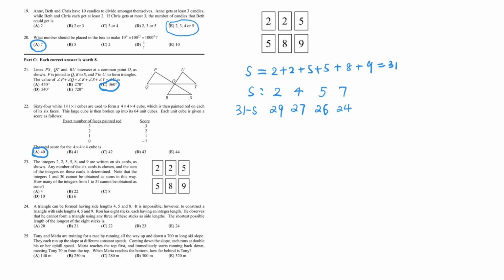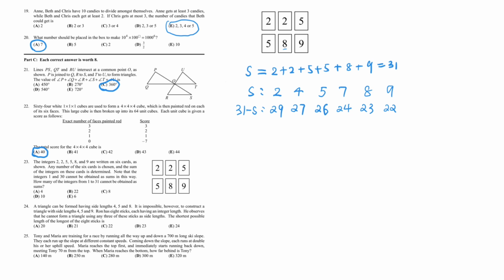After 7, another one is 1 card, that's 8, so 31 minus 8, 23 we can get. Next, 1 card with 9, so 31 minus 9 is 22.